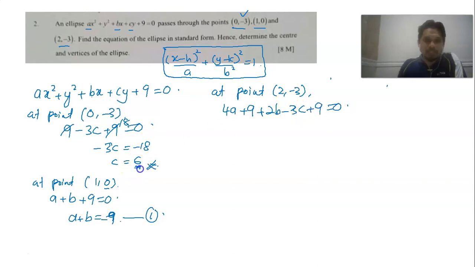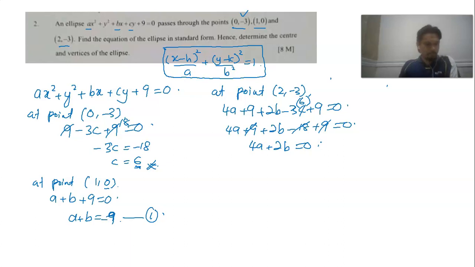By the way, c equal to 6 here, so 4a plus 9 plus 2b minus 3 times 6, which is 18, plus 9 equal to 0. 9 plus 9 equal to 18, minus 18 equal to 0. So then 4a plus 2b equal to 0. Then 2a plus b equal to 0.